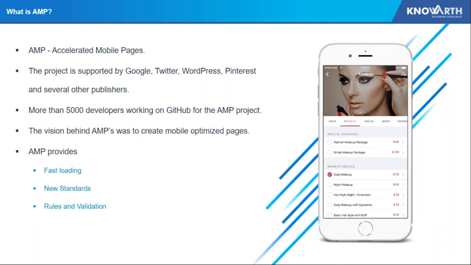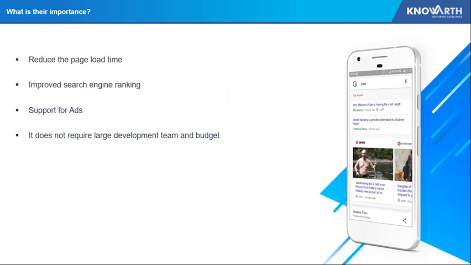There are also other rules: all the JavaScript has to be asynchronous and all the resource sizing should be fixed. That means for an image, you have to provide a fixed width and height. So as per their rule, it should be static.